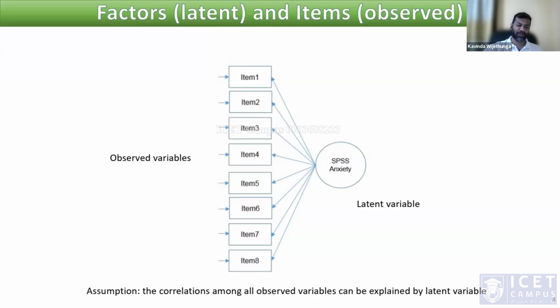I will show you one of the questions here. A very simple assumption: the correlations among all observed variables can be explained by the latent variable. It means there should be a high degree of correlation between each item and this latent variable, because we need to explain this SPSS anxiety variable through these observed variables.